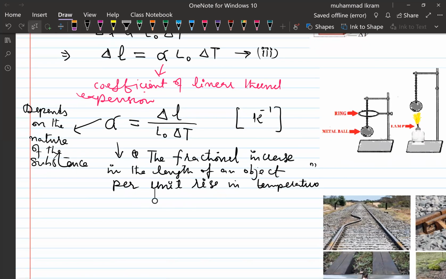So keeping this in mind, we can rearrange our equation number one.